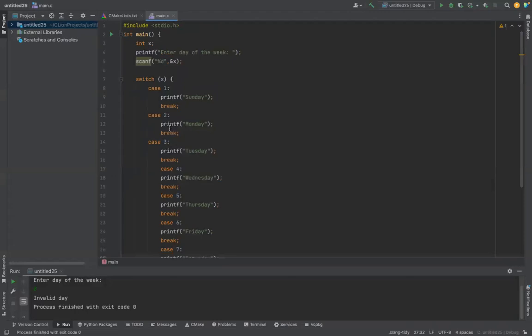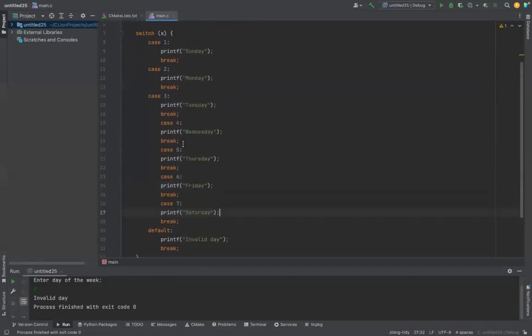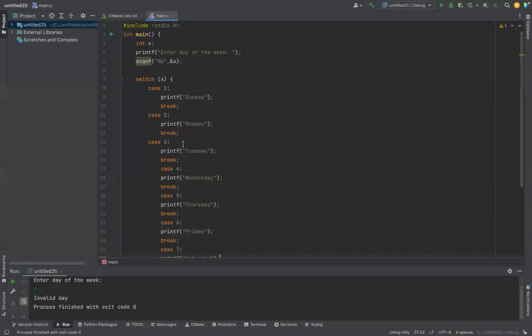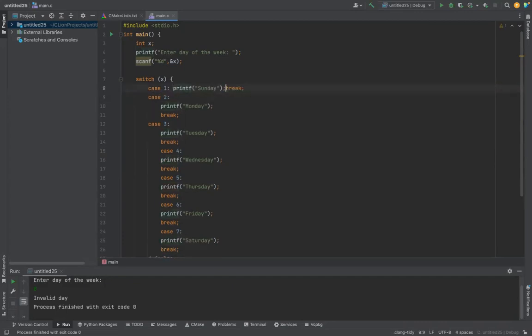Now you can see that it is also a very lengthy one, but it is very convenient to write. So you can format this one. Since you have only one line in a case, you can provide it in the same line. That means printf Sunday, it is not required to go to the next line. The break keyword also you can provide in the same line.